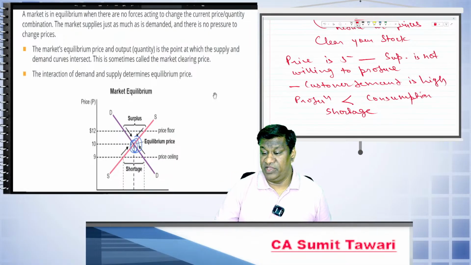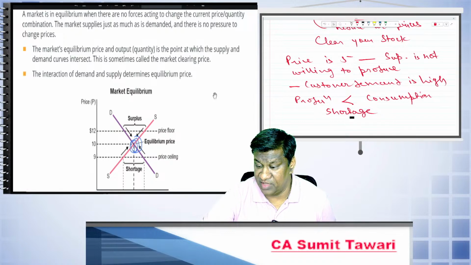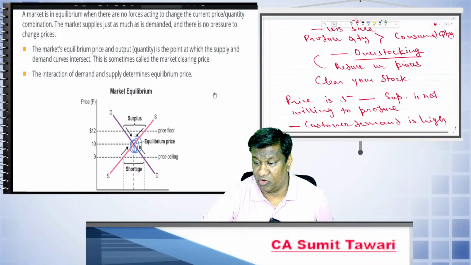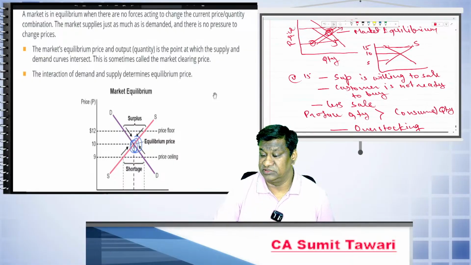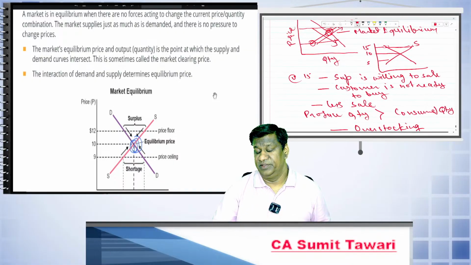Okay, so if the acceptable market prices are below or above equilibrium prices, in that situation there is a chance of overstocking or shortage.